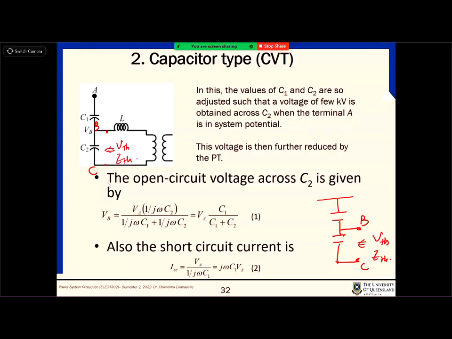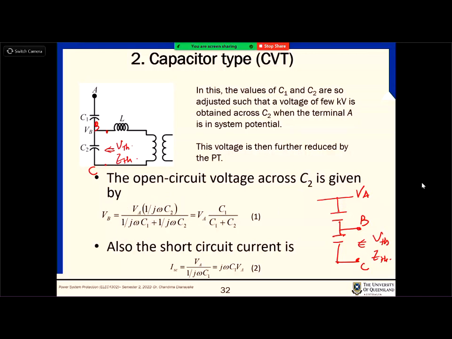It's quite simple, because what we need to do is find the open circuit voltage. Open circuit voltage is the voltage at B. What is the voltage at B? The voltage at this point is VA, the supply voltage. That divider will give you this voltage.